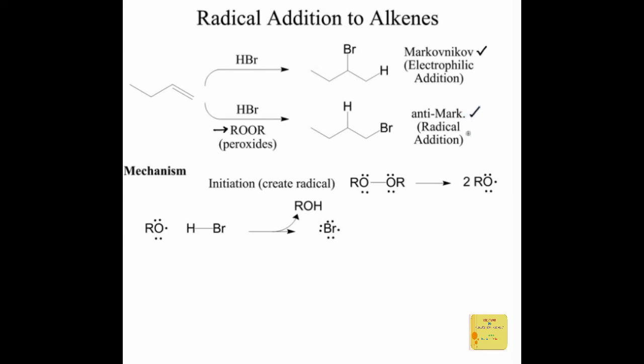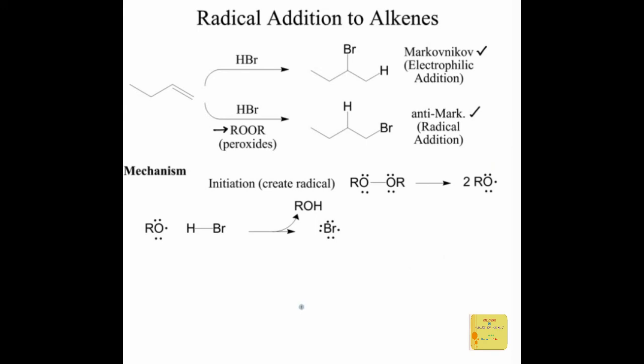We describe that as anti-Markovnikov. So it's possible to add HBr with Markovnikov regiochemistry or anti-Markovnikov regiochemistry, and we control that by whether or not we've added in some peroxides. Okay, so let's see how the radical mechanism works, and why it is that we get the anti-Markovnikov product.